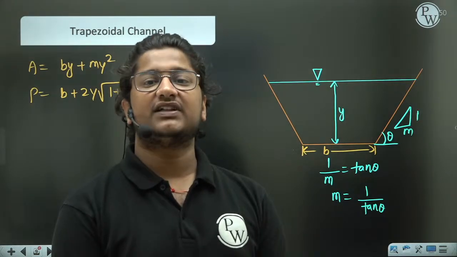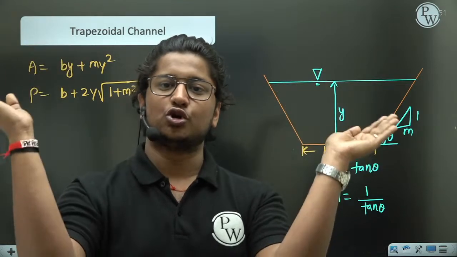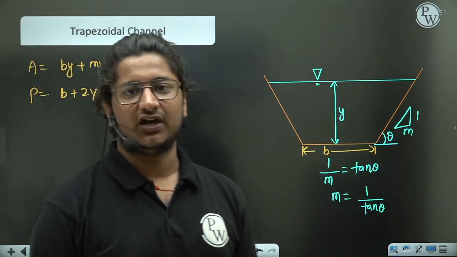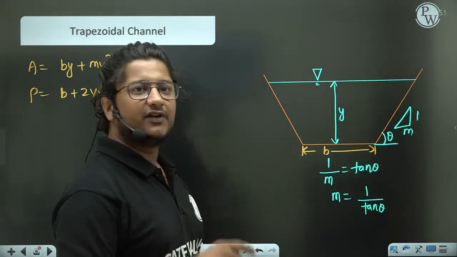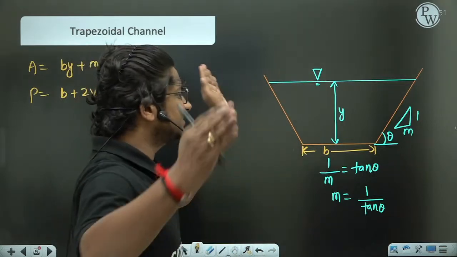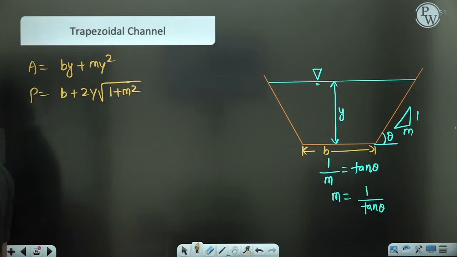So at what theta value are you getting the maximum discharge for a given area of cross section? Another thing will be, you are changing only the depth of this section without changing the side slope. So two cases will be possible. So first case I am writing to all of you.